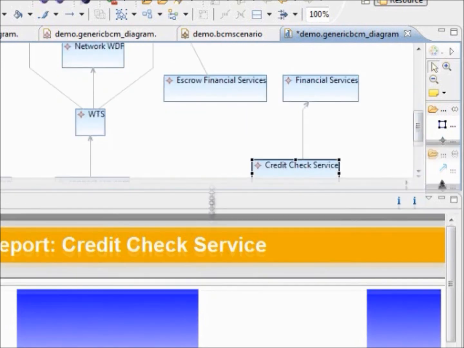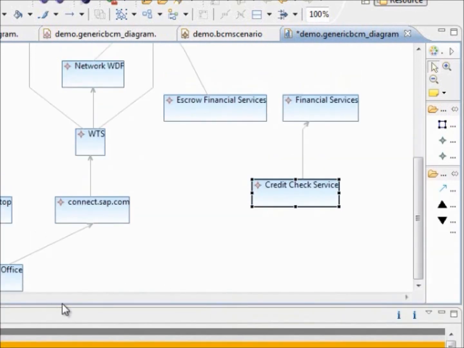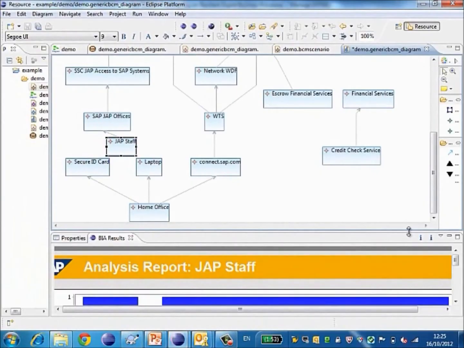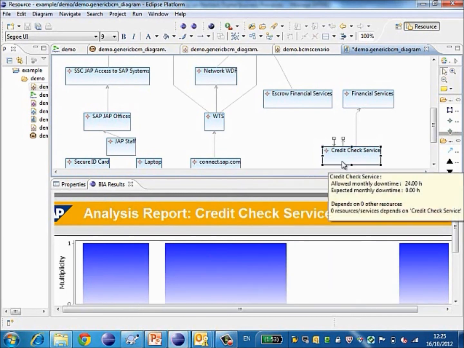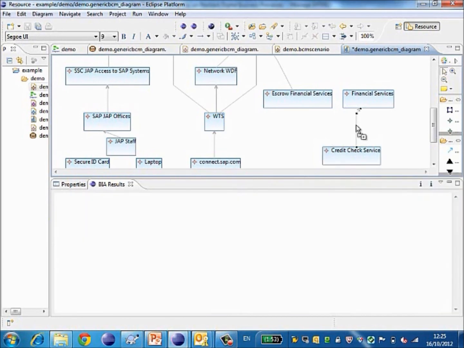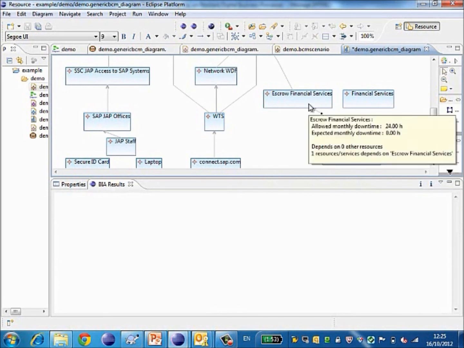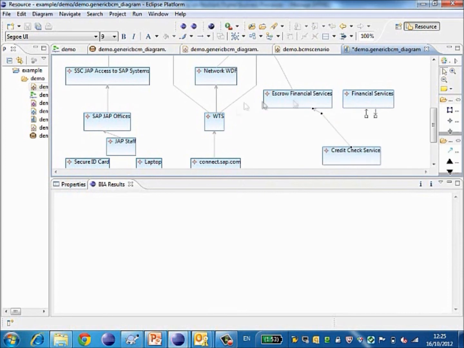But still, what I can do now is some heat map analysis. This heat map analysis shows me what the problematic parts in my whole landscape are, and what resources need to be addressed. Here, see the financial service, it was going to be bankrupt, and clearly I can see it is red. Now I am using this service via my escrow service provider or digital preservation provider.